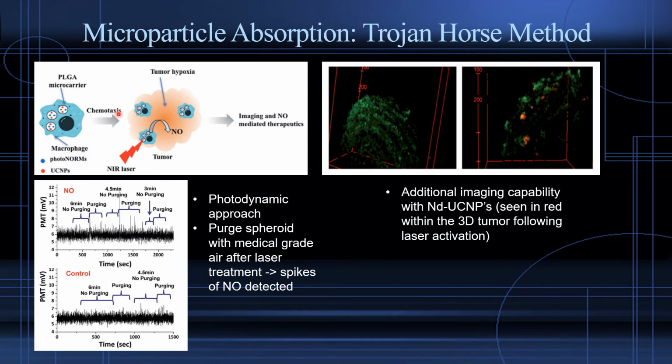The macrophage chemotactically goes into the tumor, and when you shine a near-infrared laser on them, they release nitrous oxide, which this image below shows when you shine the laser and you purge a little bit of air into it, you see these spikes of nitrous oxide. And the UCNPs also light up, which we see in this 3D fluorescent image to the right. You can see where the macrophages are.